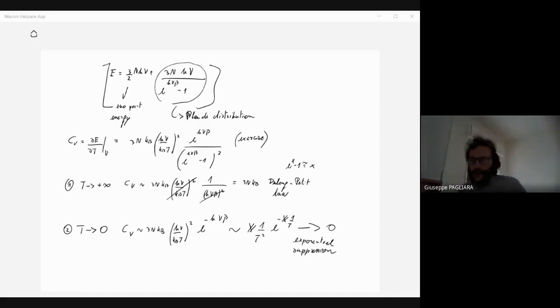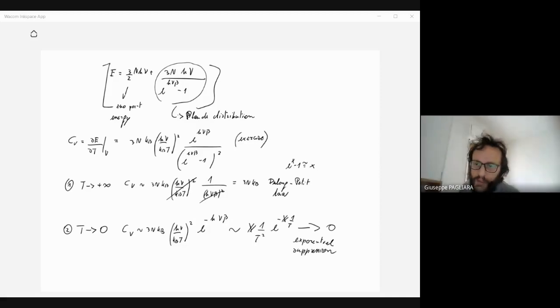Okay, so actually we see that the heat capacity gets an exponential suppression in the case of an Einstein solid, which is something qualitatively okay, in the sense that we expect indeed that the heat capacity goes to 0 as T approaches 0, because basically all the degrees of freedom are frozen.